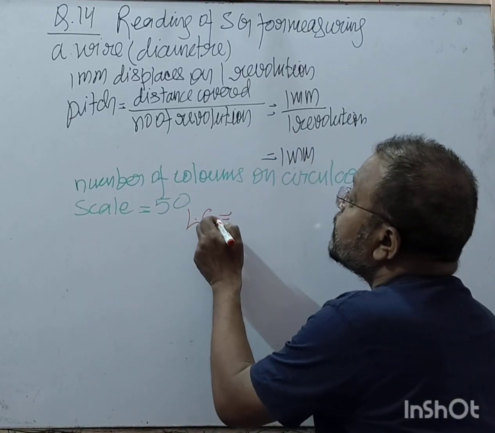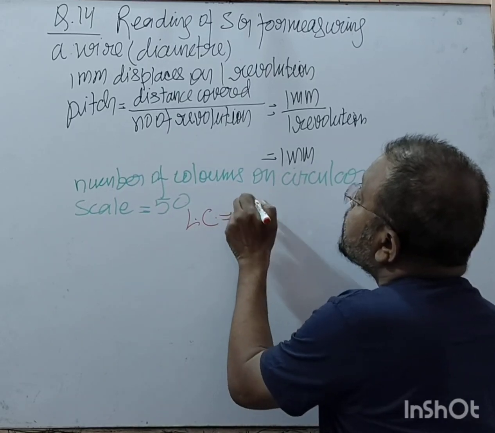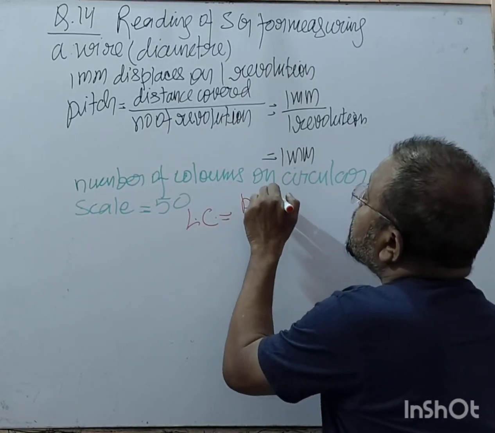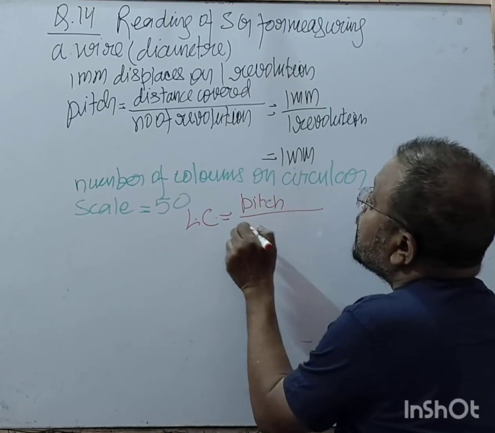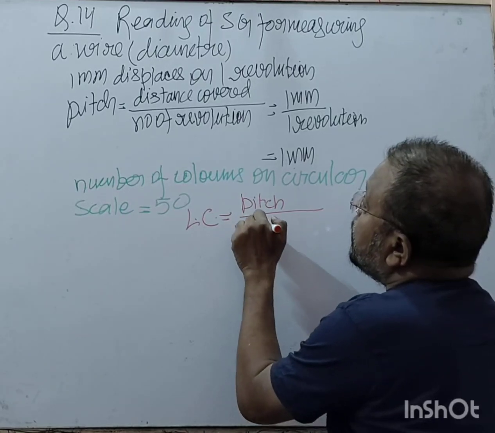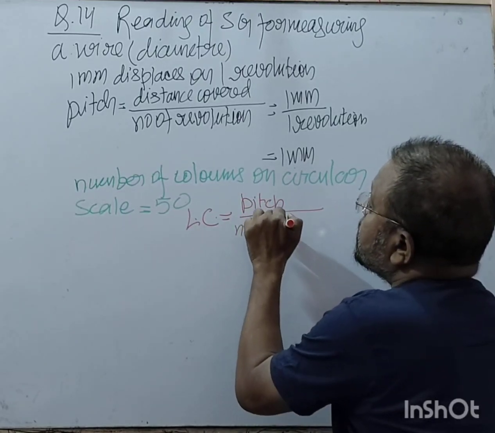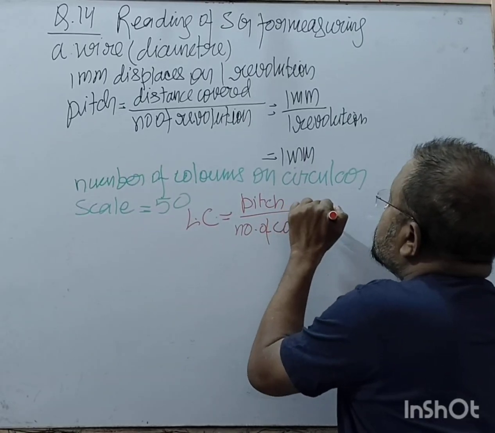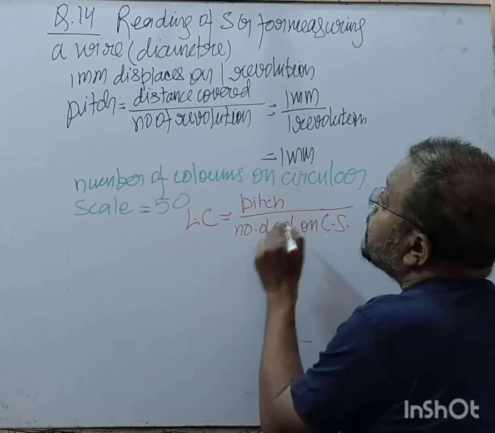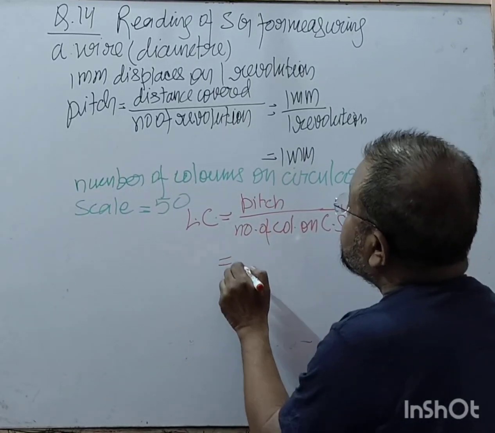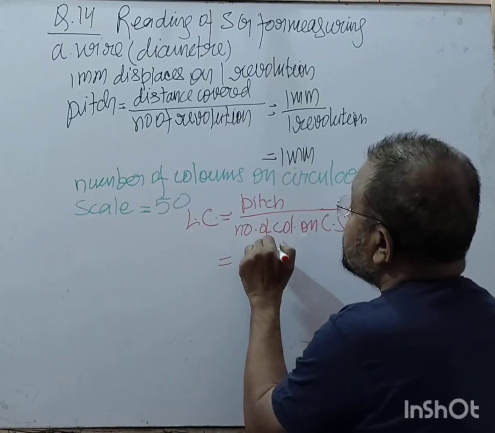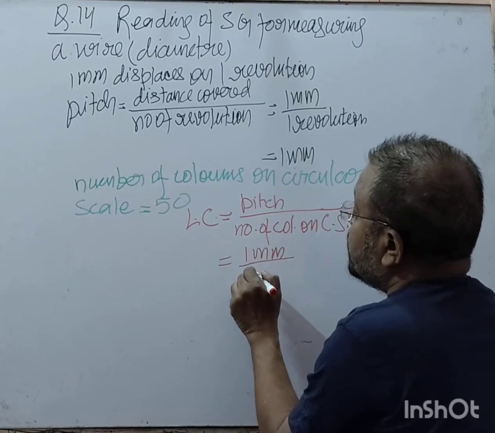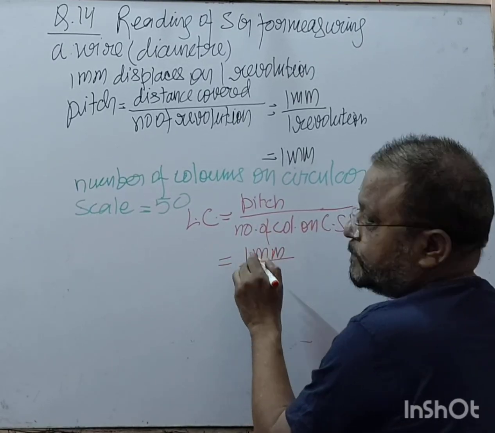So least count is equal to pitch upon number of columns on circular scale. So it is 1 millimeter upon 50.